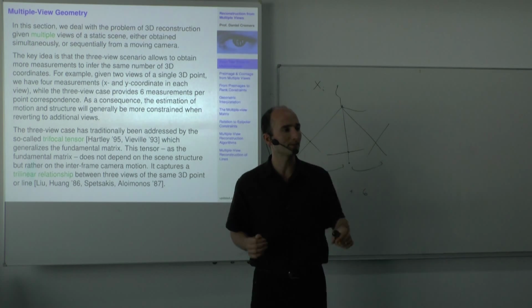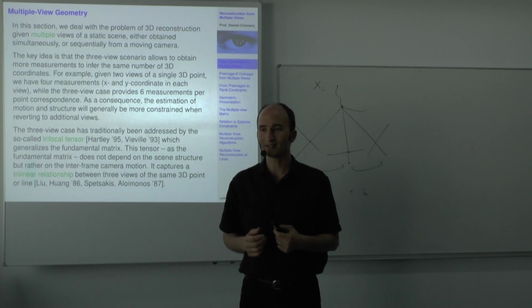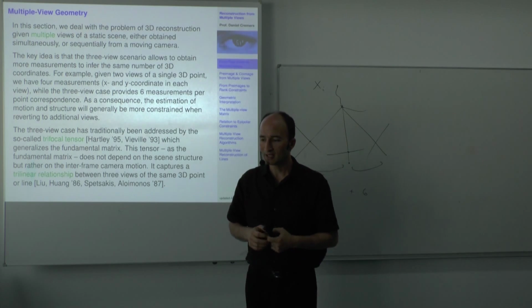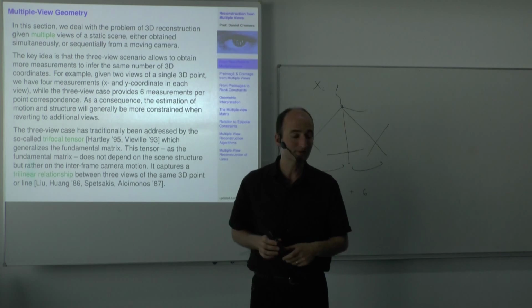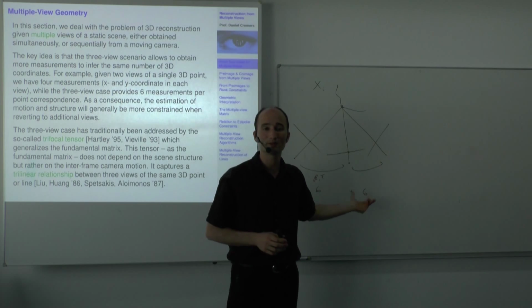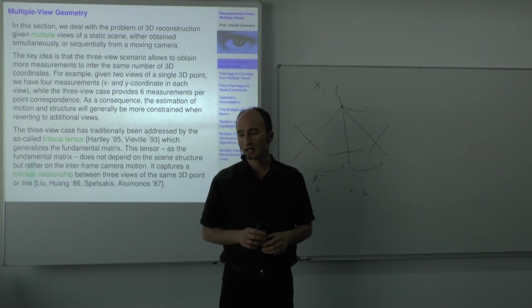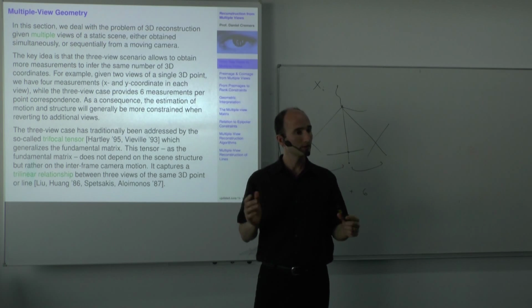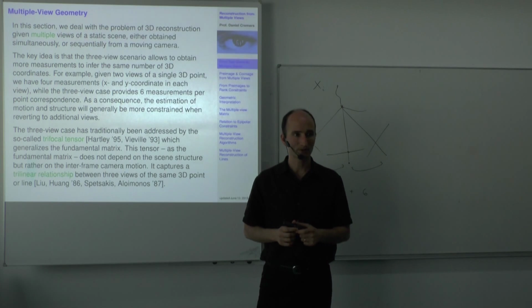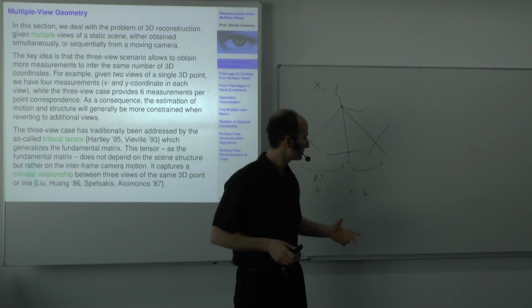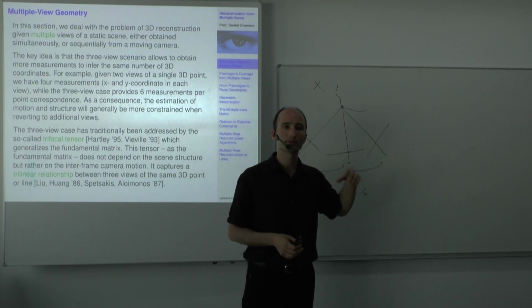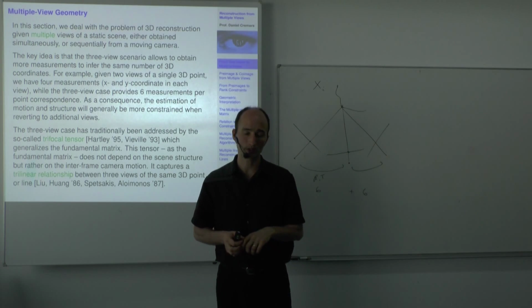You don't try to jump to the top in one go. It's typically not doable. And in the same way, people have started with the 2-view case. We saw a lot of work on that. And then they generalized to the 3-view case. But then typically, once you get the picture, you go from 3 to M views. And this is what we're going to do as well.